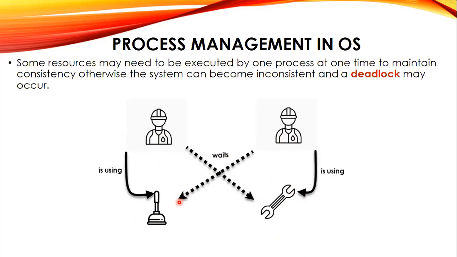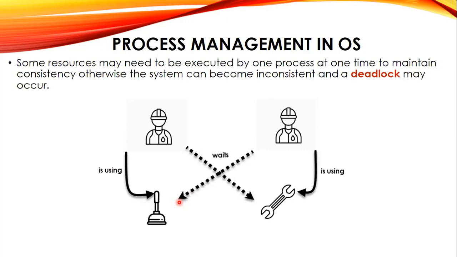So if two processes or more than two processes are waiting for, I mean, to go further, waiting for another resource from a process, but still the other processes are waiting from them, it may become a deadlock.